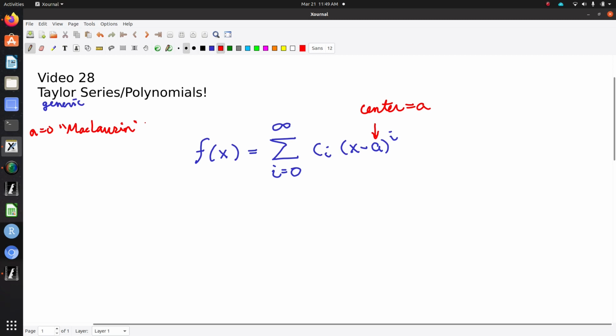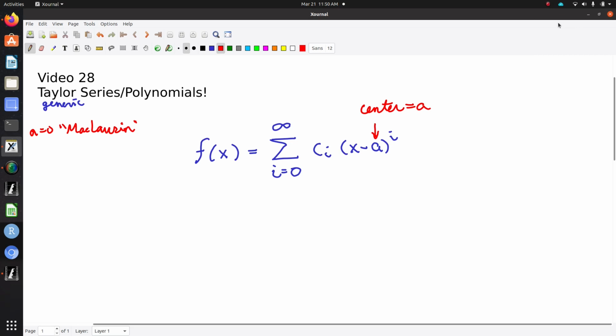But because it's so common to center these at 0, and Maclaurin takes more syllables than Taylor, we often say Taylor when we just mean Maclaurin anyway. So there's a looseness in our definition. But all of them are Taylor, and if we say Maclaurin, it means make sure the center is 0.